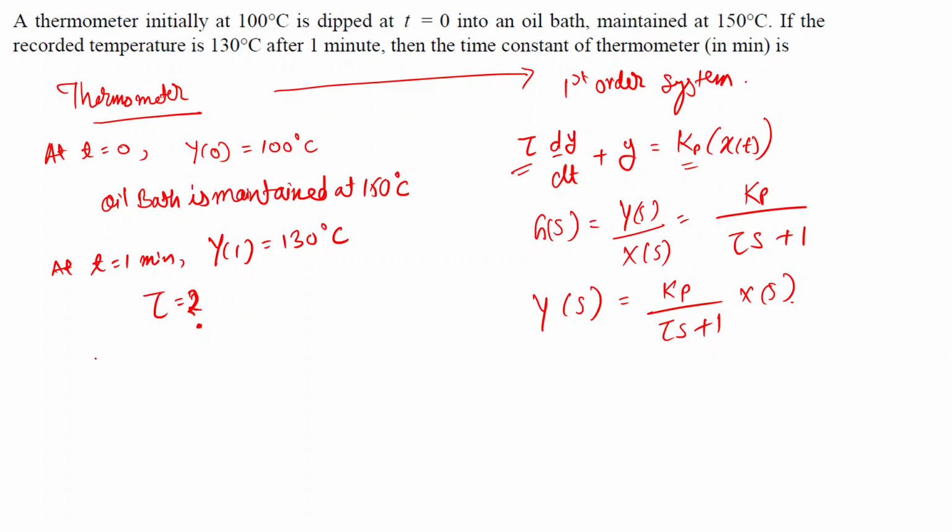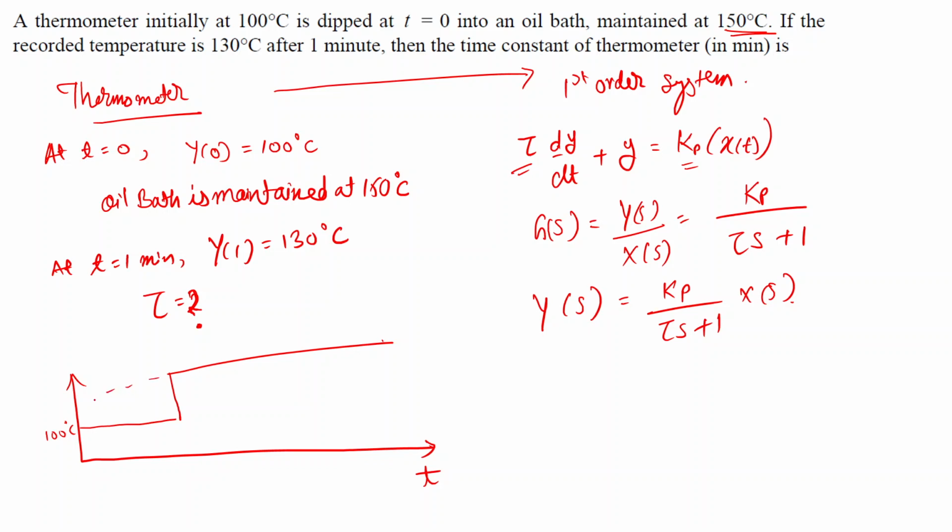Now here we can see that initially the temperature was maintained at 100 degrees Celsius, and later on, if we draw a diagram with time, initially let's say the temperature is constant at 100 degrees Celsius, then later on it is dipped into an oil bath maintained at 150 degrees Celsius, shown over here. Over time, the thermometer will try to record this 150 degrees Celsius.